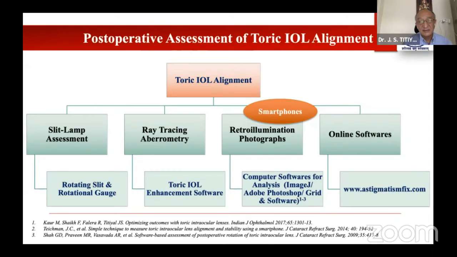But classically, what we have been doing for more than a decade now is using this for post-op assessment of toric IOLs. All patients, premium cases, do undergo EyeTrace examination, both pre and post. Post-op, you can see there are various ways to see toric alignment. And most importantly, EyeTrace will be very helpful because it has a toric enhancement software.